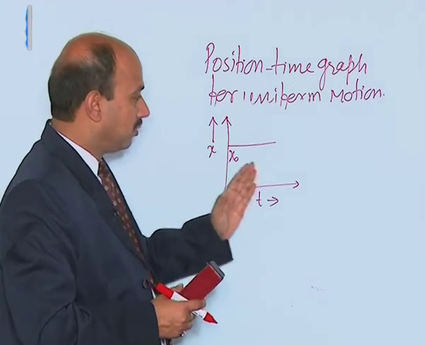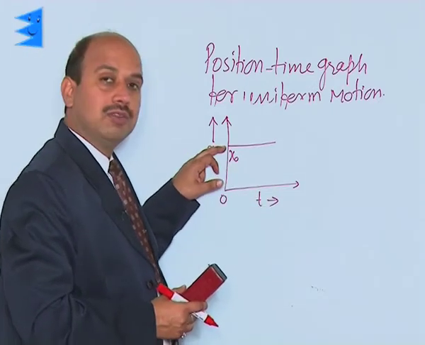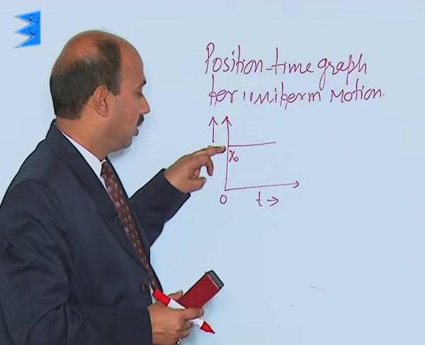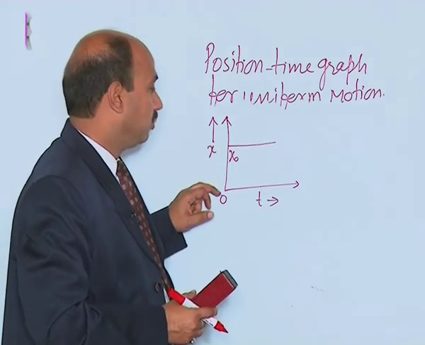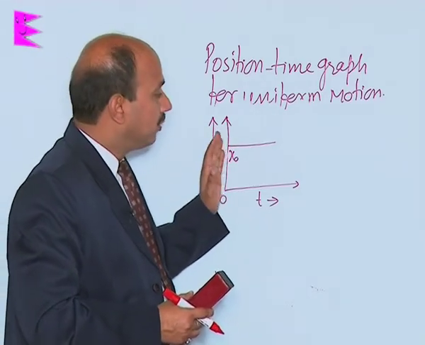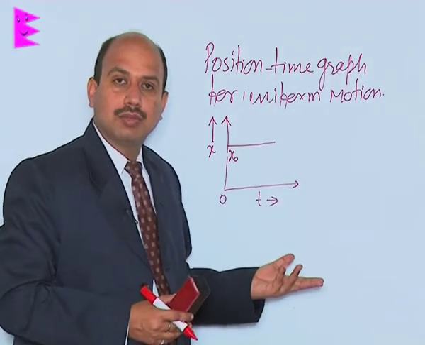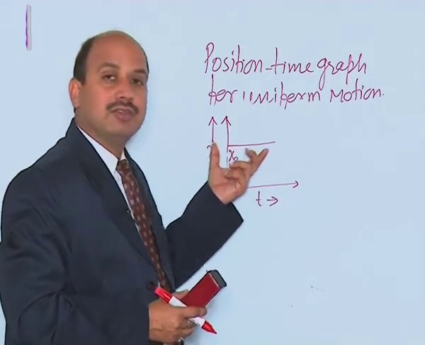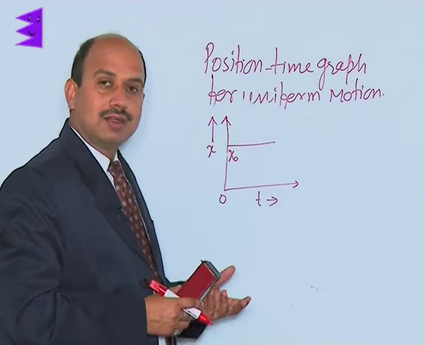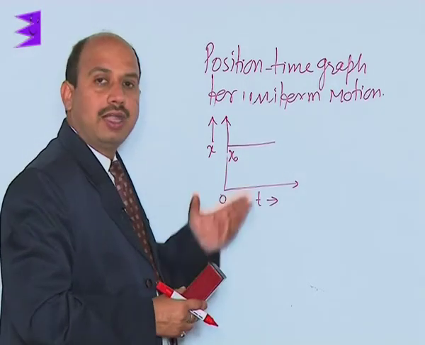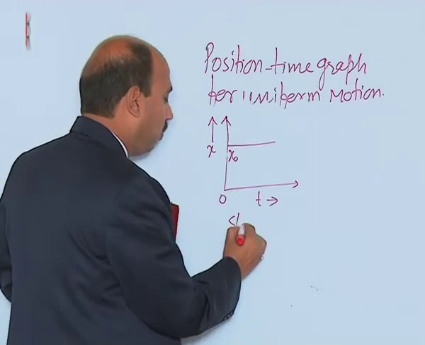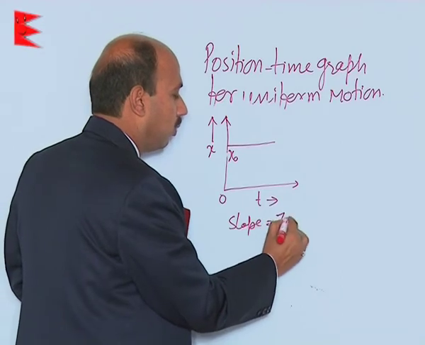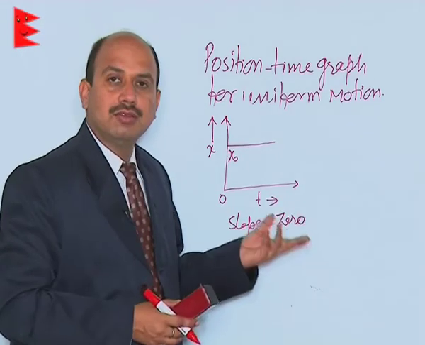If you observe this graph, you will find x naught is the initial position at the origin at time 0, but after that its position does not change with time. It means this body remains stationary. So, when the body is at rest, the graph is like this, and if you calculate the slope, the slope will be equal to 0. That means velocity is 0.